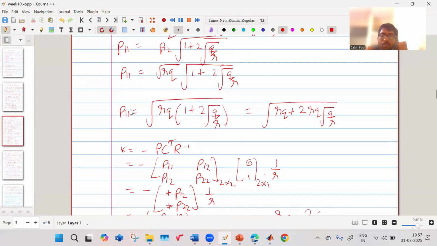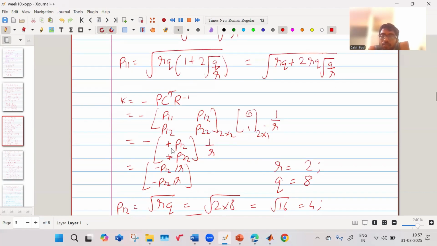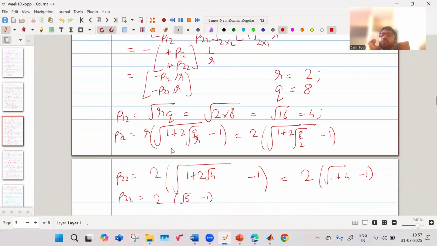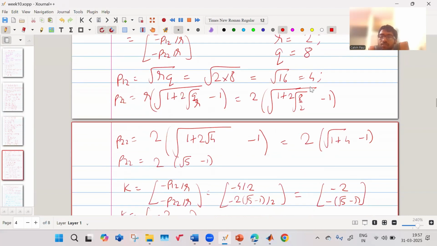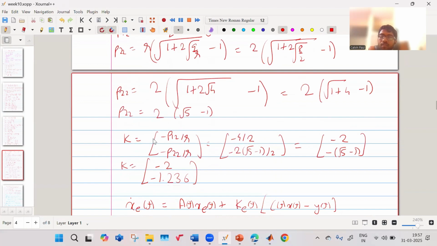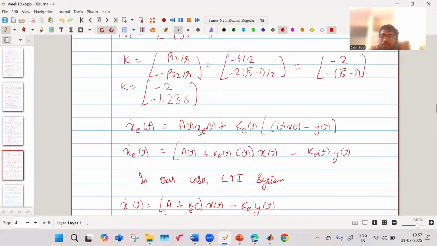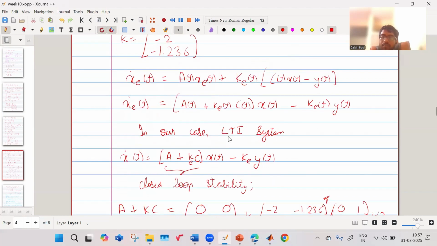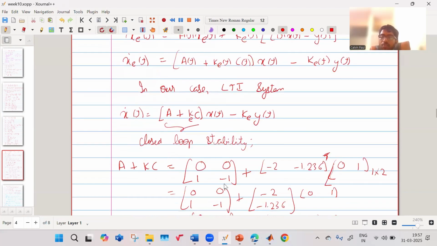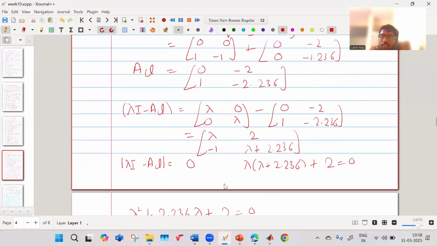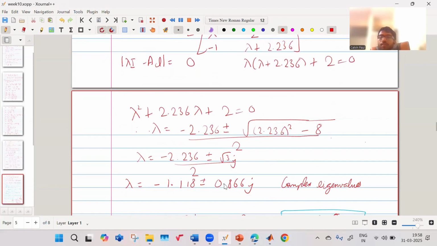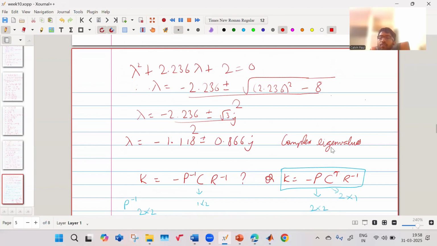After that, we found the K matrix, which is given by this formula: minus P C transpose R inverse. After this was done, we substituted the values of Q and R which we considered, and we got the values of P. The effective K was also found. Then the stability depends on A plus KC, and the closed loop stability we also checked. We found that the eigenvalues of this system are complex eigenvalues with negative real part.